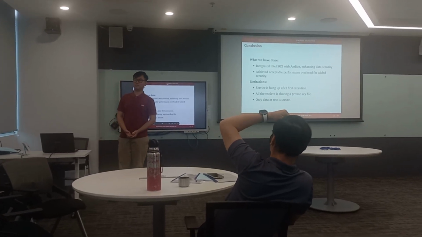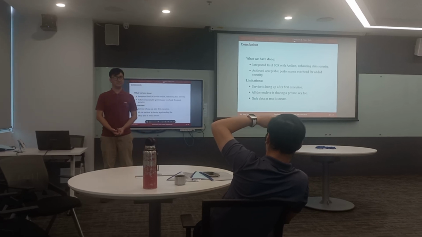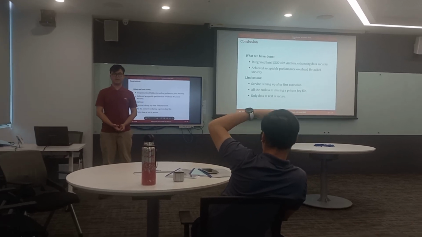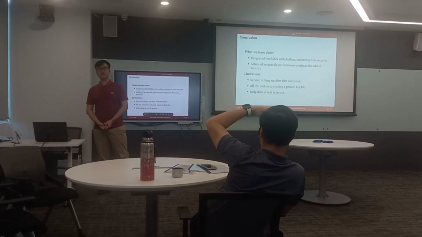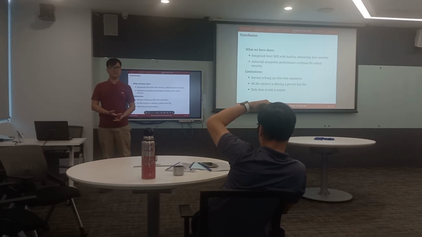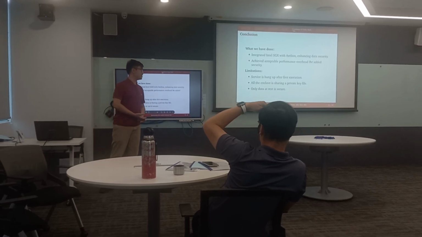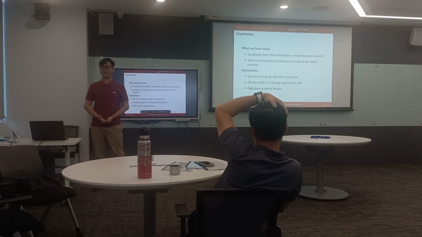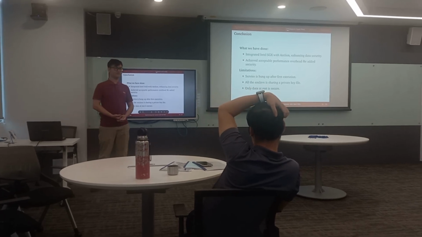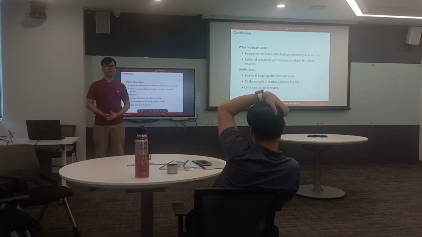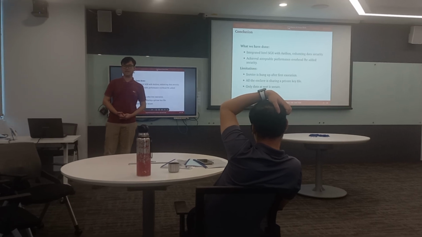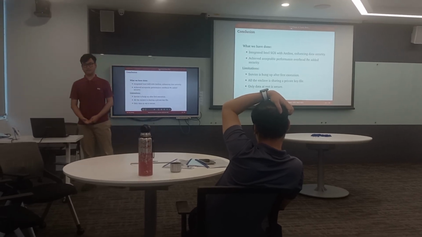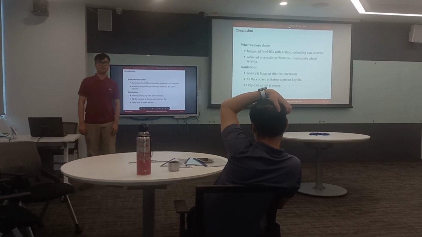However, due to the limitation in time, the service hangs up after executing the first instruction, and currently every enclave is sharing a private key file, which is not safe when we expose it to the outside. And currently only data at rest is secure.